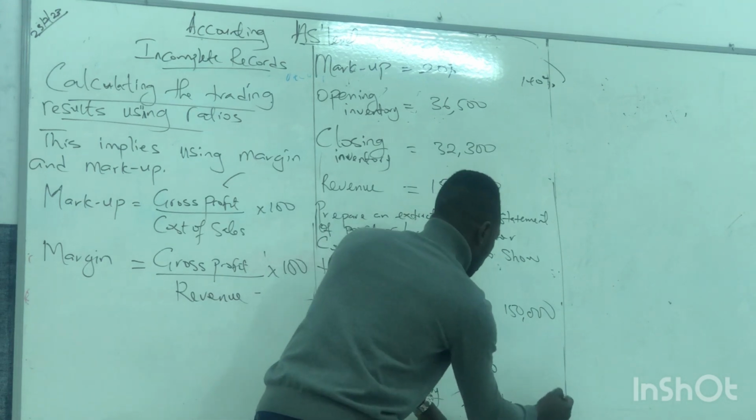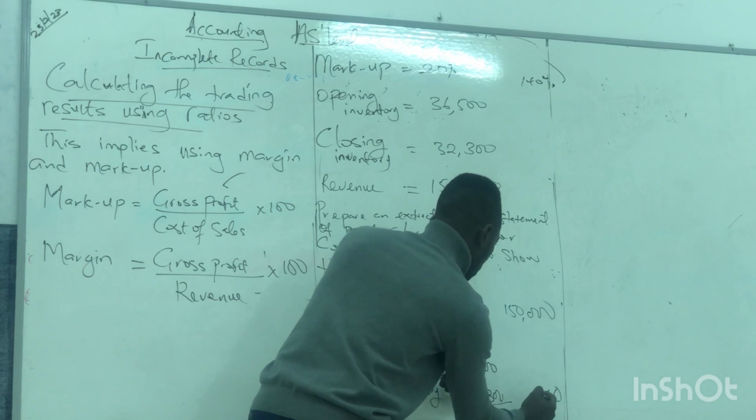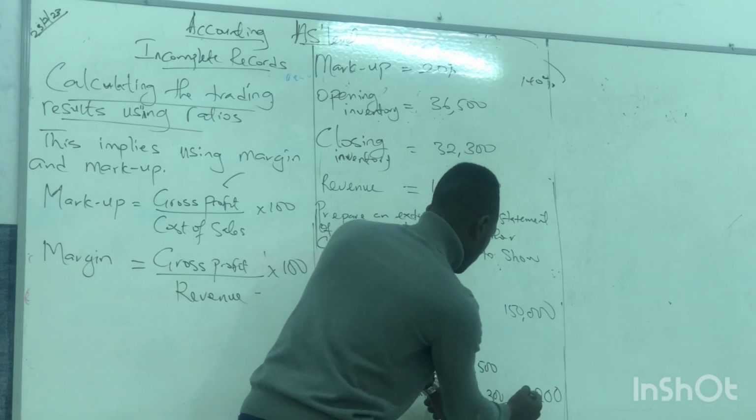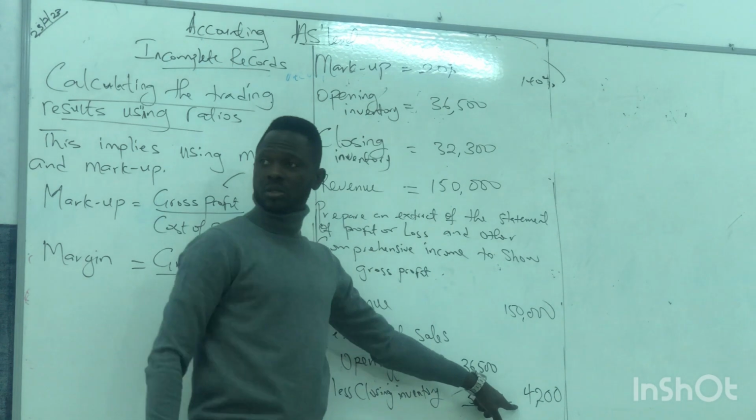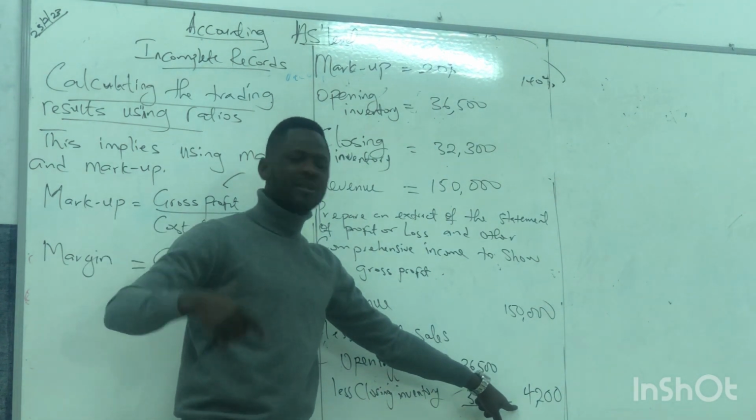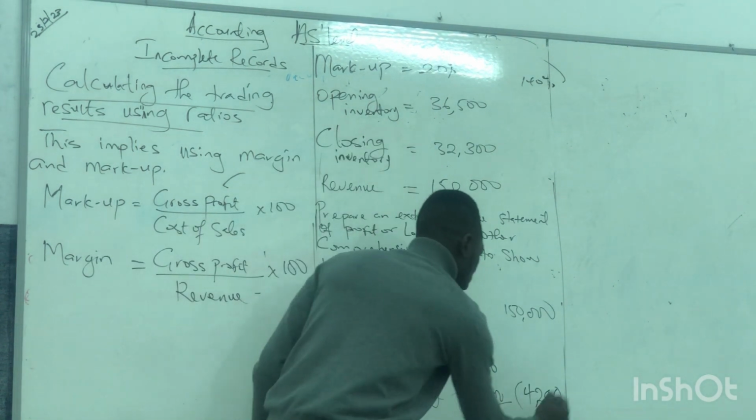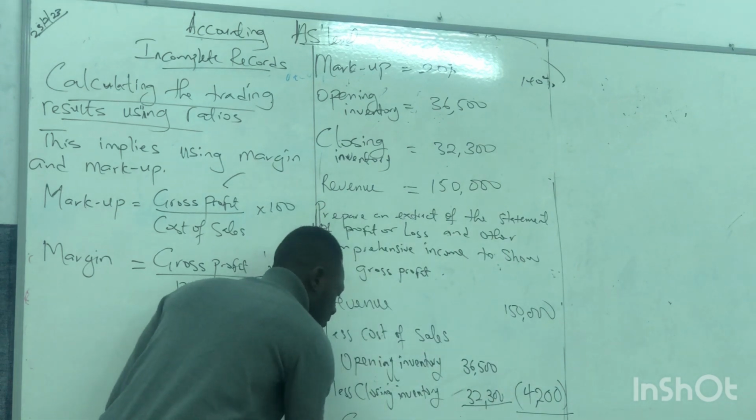This gives us 4,200. So we take this away to get our gross profit.